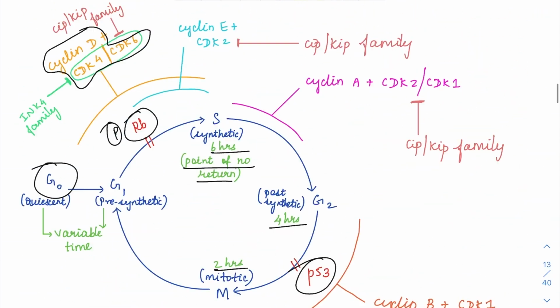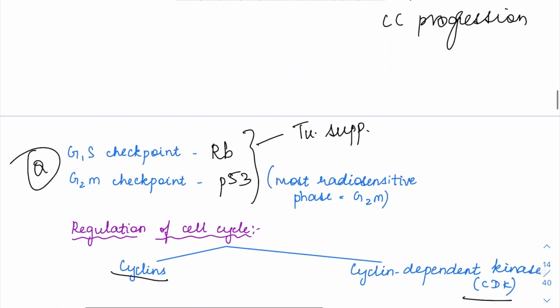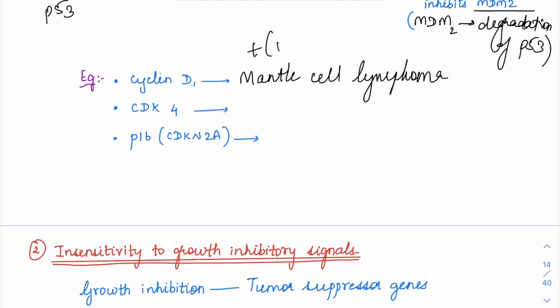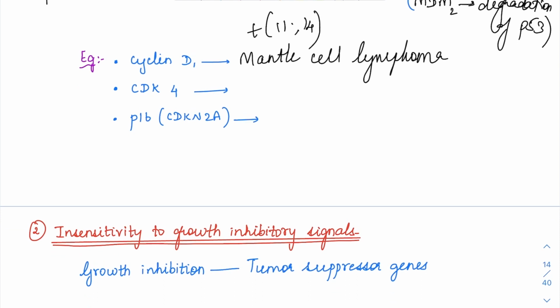So we were seeing about the cell cycle. The cell cycle regulators, which are the cyclins and cyclin dependent kinases, are the actual oncogenes here. The mutation of cyclin D1 is seen in mantle cell lymphoma. In mantle cell lymphoma, we have translocation 11;14, so in this we have a cyclin D1 mutation.